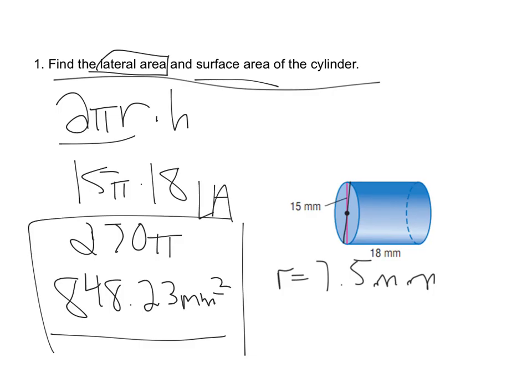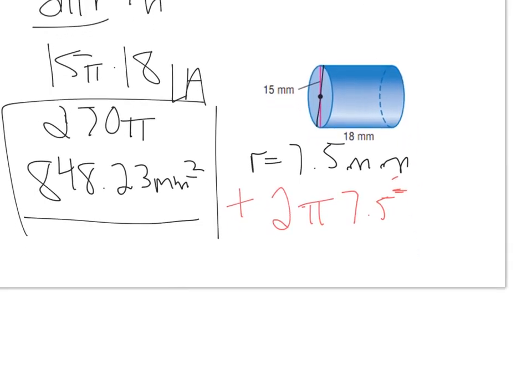To get surface area, you need to add 2 pi 7.5 squared. So 7.5 squared times 2 times pi, multiply all that together, and that's going to be 353.429.